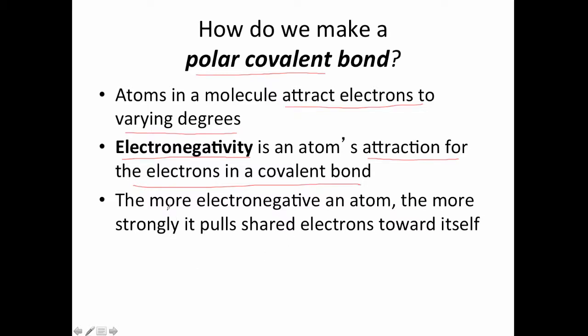So if it pulls electrons really strongly, it's more electronegative. If it's not very electronegative, then it doesn't pull electrons strongly at all. So for instance, if we've got hydrogen bound to hydrogen, this is a non-polar covalent bond.